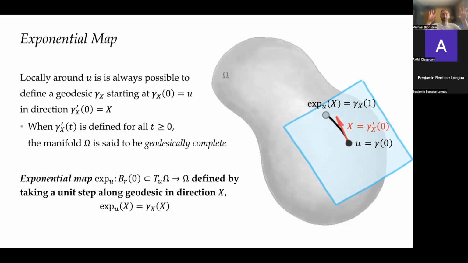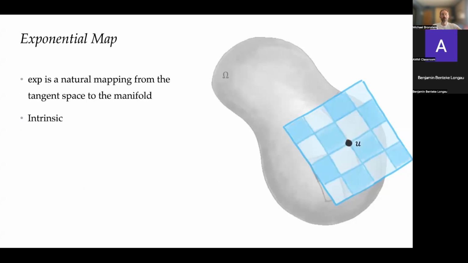What it allows us is to work on the tangent plane, but to go and fetch values of something from the manifold. As we'll see, this will be very handy when we, for example, want to define a local filter. I will need to use the exponential map to bring the values of a function defined on the manifold, and then I work in the plane, in the Euclidean space, where it's much more convenient.